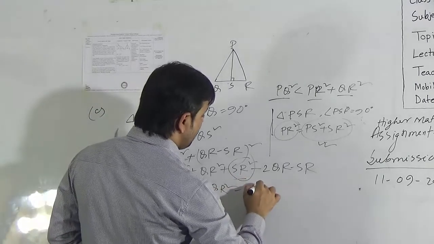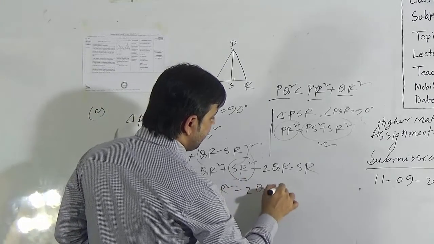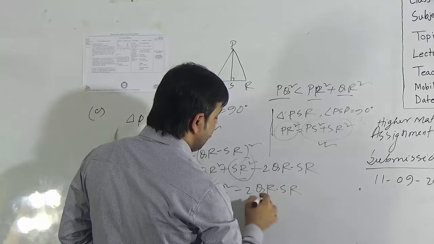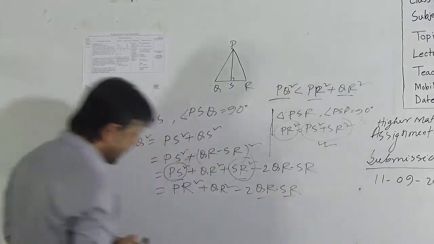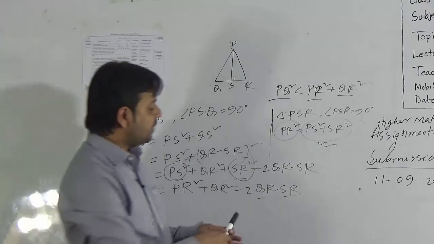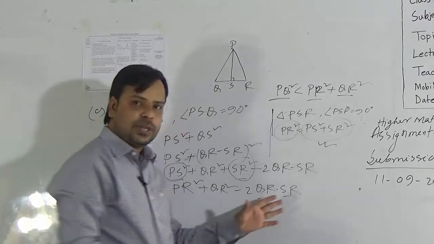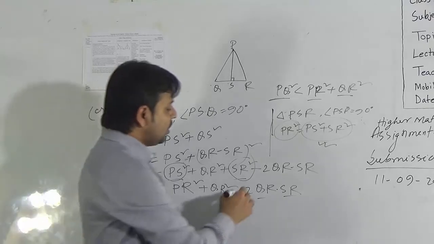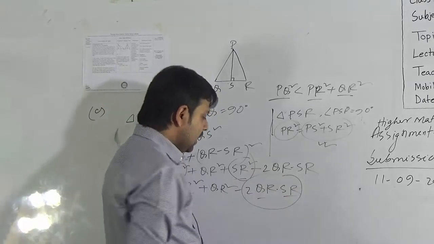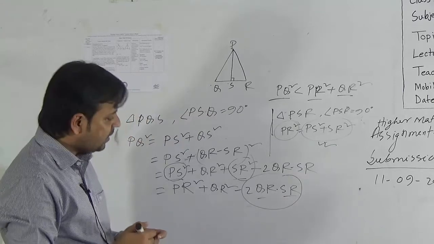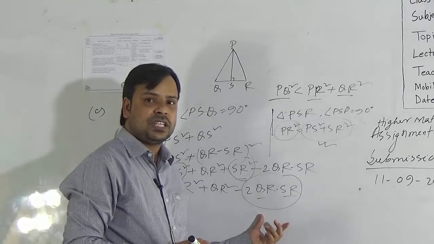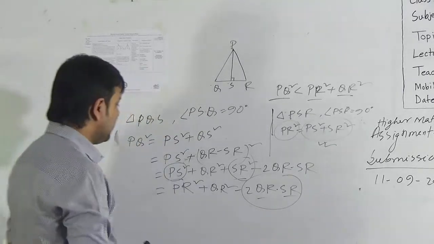And here is QR square, so we can write QR square minus 2 QR into SR. Here QR into SR means the area of the rectangle included by QR and SR. As this is the area of the rectangle included by QR and SR, this 2 QR into SR must be greater than 0.